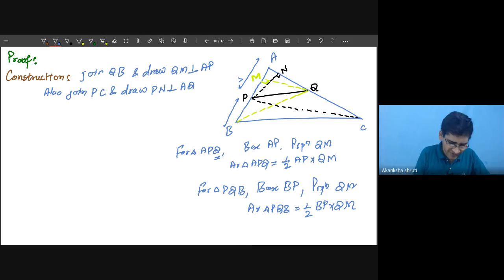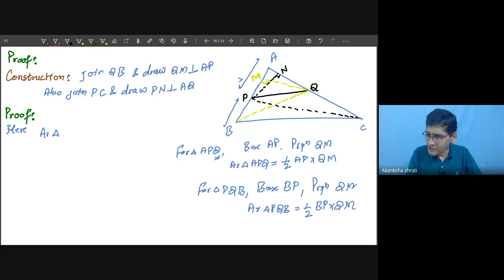How is the proof? After writing this, first we have to take this. For getting the ratios, we have to use the area of triangle. Observe carefully, student. We are interested in the ratio on side AB.